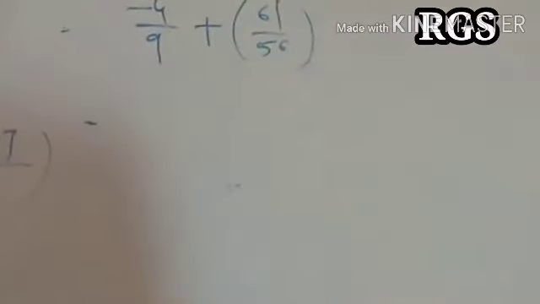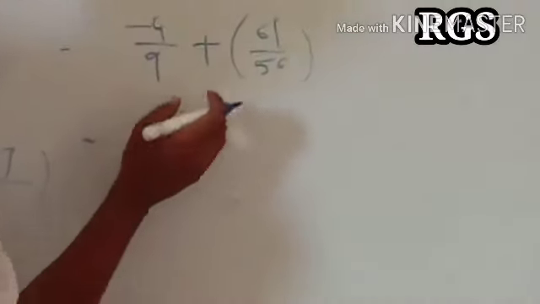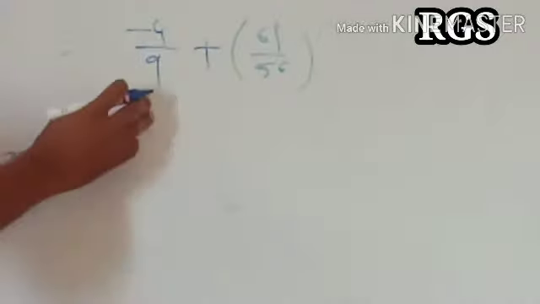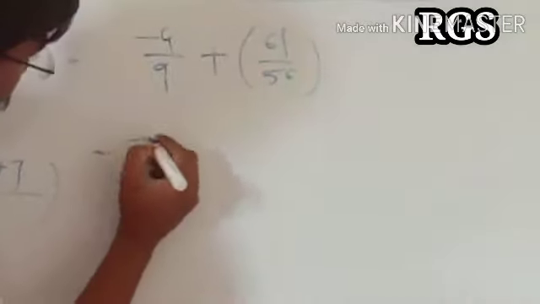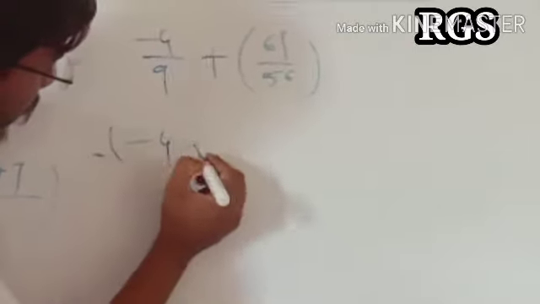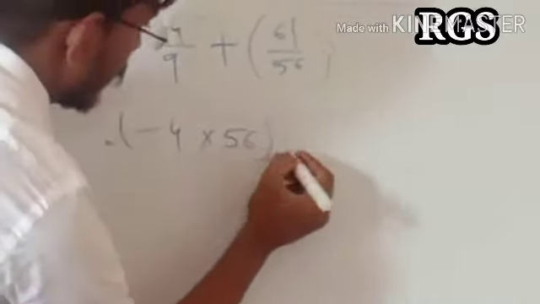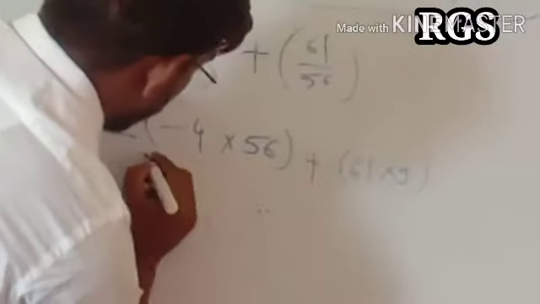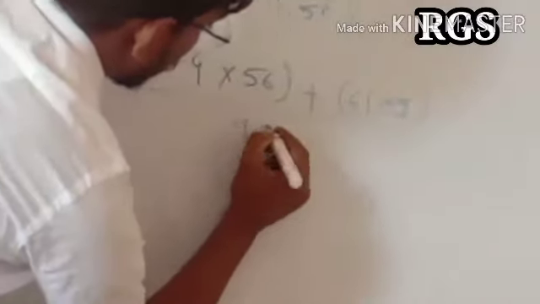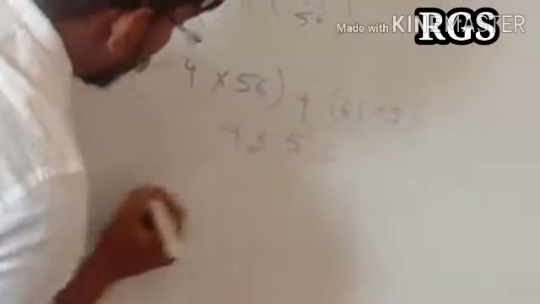What we have to do here is cross multiplication to make the denominator the same. Therefore minus 4 into 56 plus 61 into 9 divided by 9 into 56.